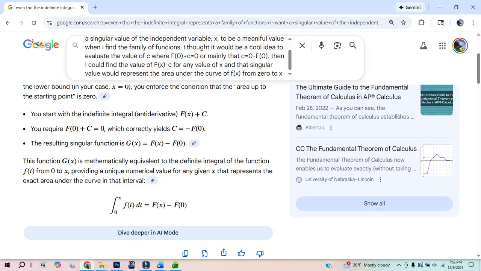And that's where the c's drop out, because if I evaluate this family of functions at x equal to 10, and then evaluate this function at x equal to 9, I'm going to get a value plus c for the first one, and a value plus c for the second one. And so if I take the difference between those, f of 10 plus c minus f of 9 plus c, then the c's will cancel out.